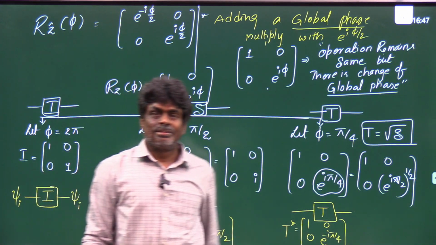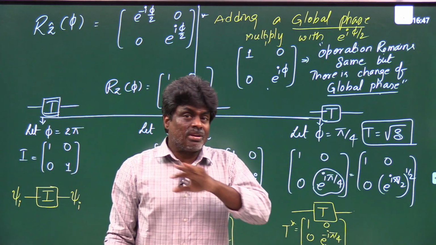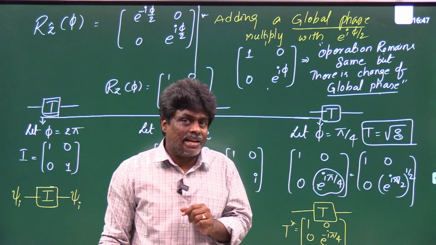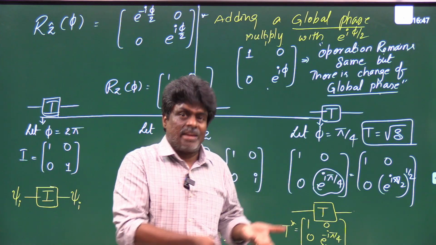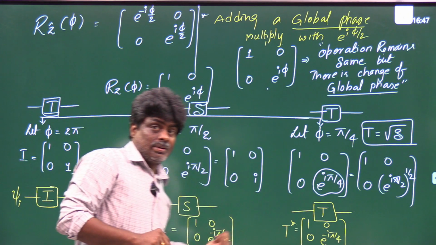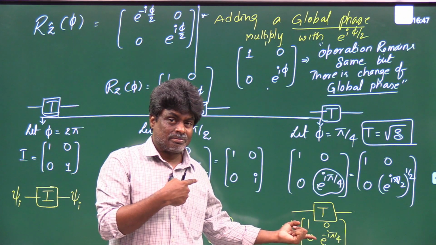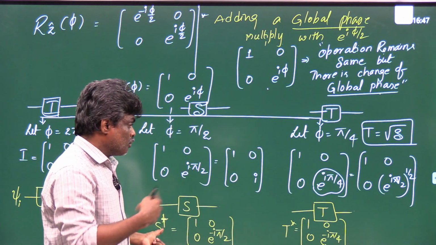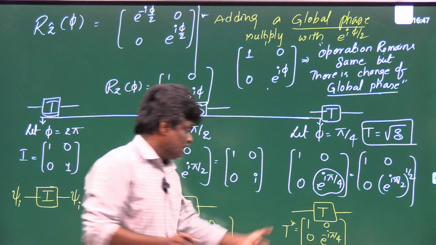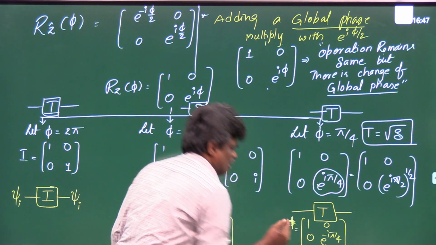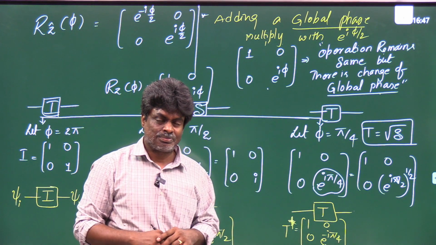Sir, earlier for sigma x, sigma y, sigma z, you did not take the dagger because their dagger is the same. But T dagger is not equal to T, and S dagger is not equal to S. That's why we have one more set of extra gates called S dagger and T dagger. Dagger or star, whatever, it's not an issue.